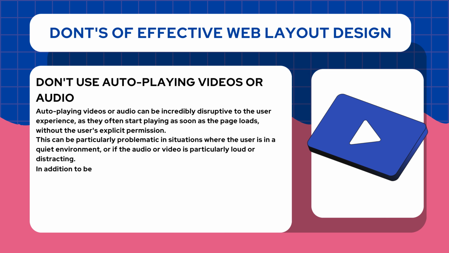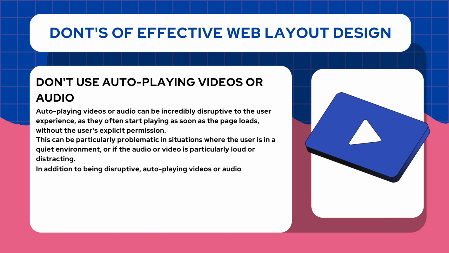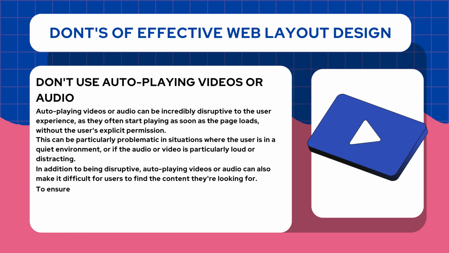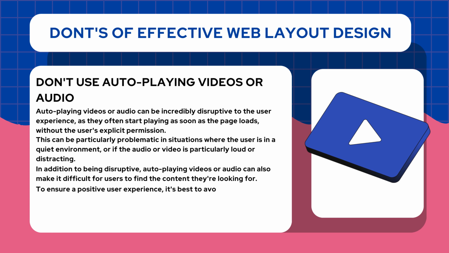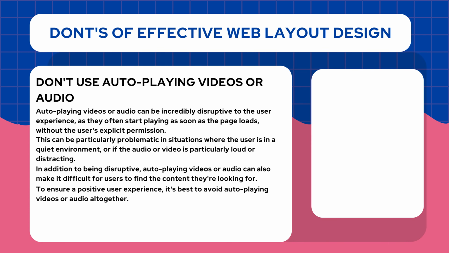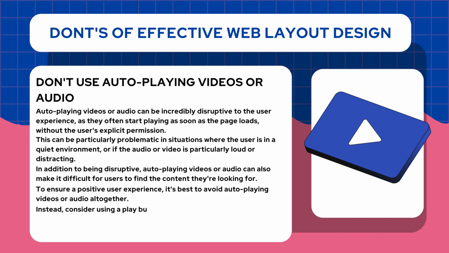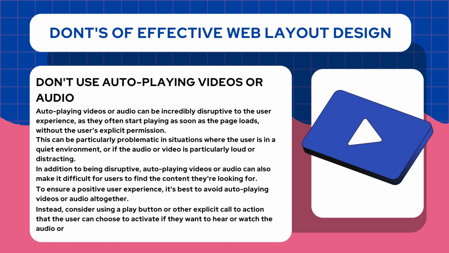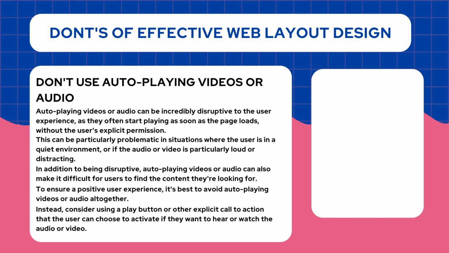In addition to being disruptive, auto-playing videos or audio can also make it difficult for users to find the content they're looking for. To ensure a positive user experience, it's best to avoid auto-playing videos or audio altogether. Instead, consider using a play button or other explicit call to action that the user can choose to activate if they want to hear or watch the audio or video.